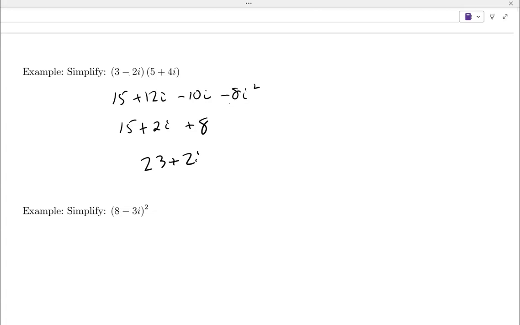So what would I need to do if I want to do 8 minus 3i squared? If you need to, write it out this way. What would you get?